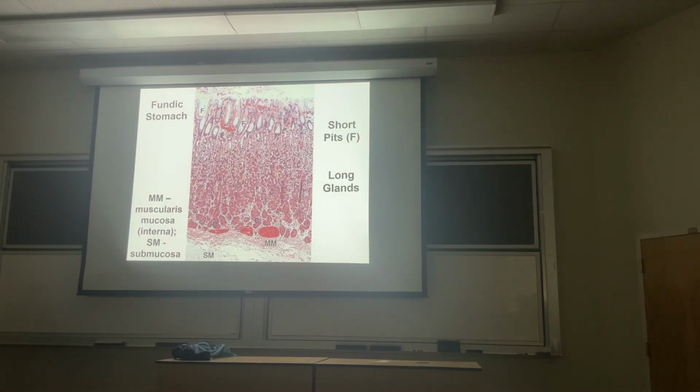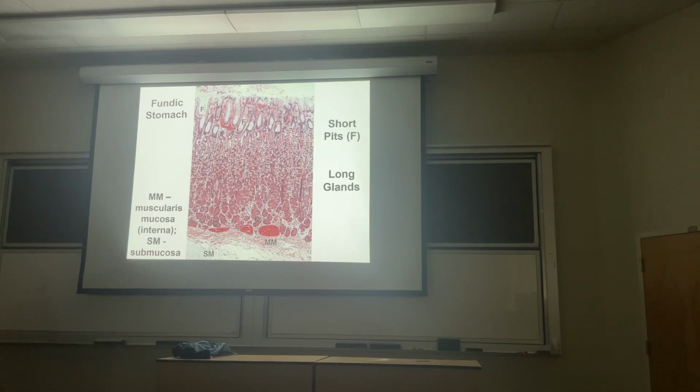Now we're getting to the actual views of the fundic stomach, which would be pretty much the same as the body of the stomach. The fundic stomach, the first thing to note is the gastric pits, which are these structures here, they're short. They don't go that far towards the muscularis mucosae.